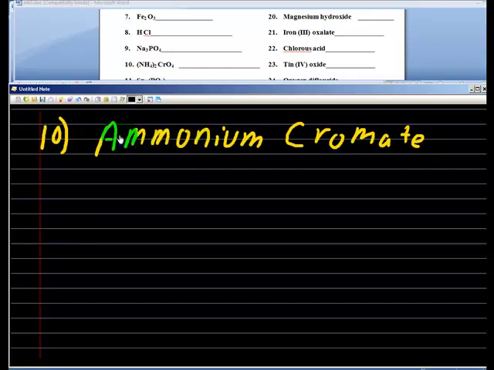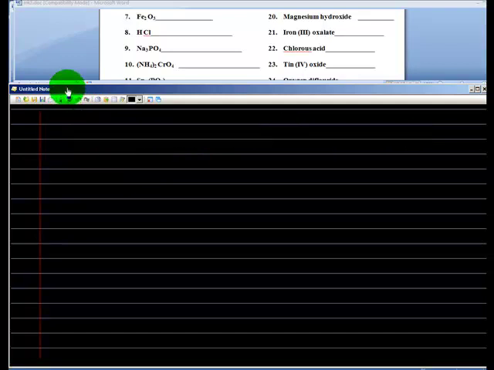Another example of a polyatomic can be found as number 20. Number 20 is magnesium hydroxide. So now we're given the name and we're supposed to solve for what it is.